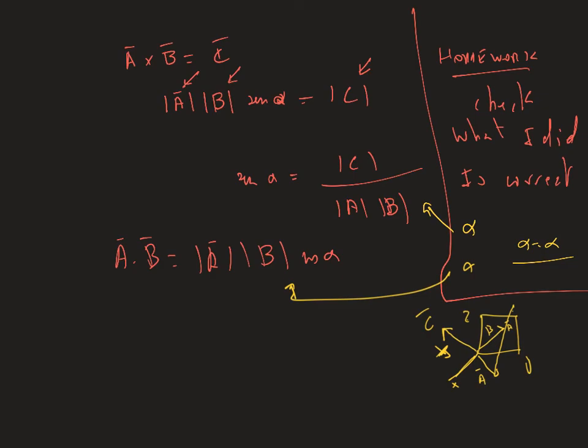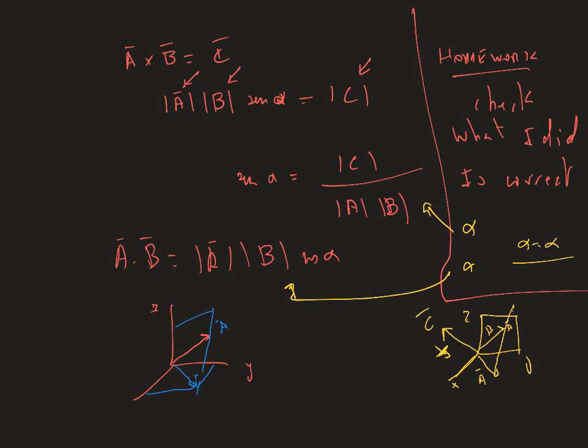Let me see if I can make a better picture here. So A is in the plane YZ, I think it was like this, and B is on this plane. This is B. And what is the plane that forms A and B? This plane. How can I draw this plane in space?